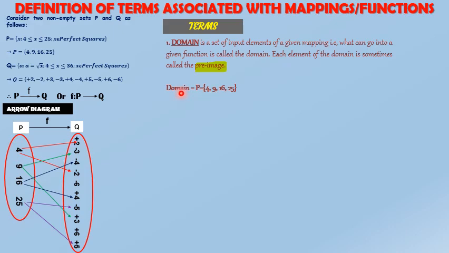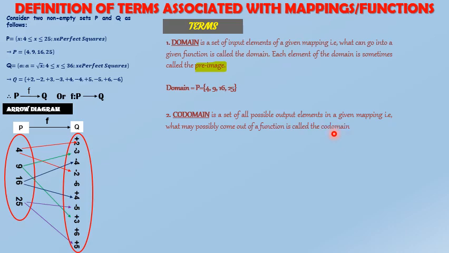To your domain. So please take note of that. I believe with that we understand the terminology domain as it is used in mapping. So the next one is what we call codomain. Codomain is a set of all possible output elements in a given mapping. In other words, what may possibly come out of a function is called the codomain.